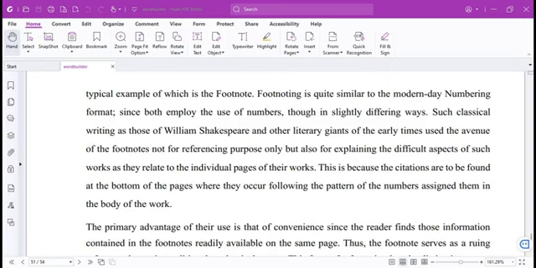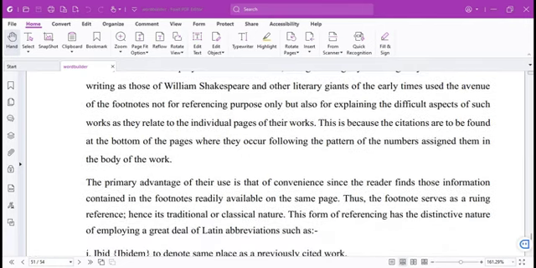The convenience there is that they all appear on the same page. You don't have to start flipping through the pages of the work to look for the meaning of the word you don't understand. You look down at the footnote, and it helps you to quickly understand and move on.